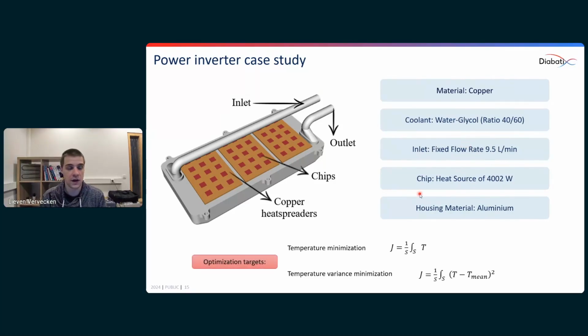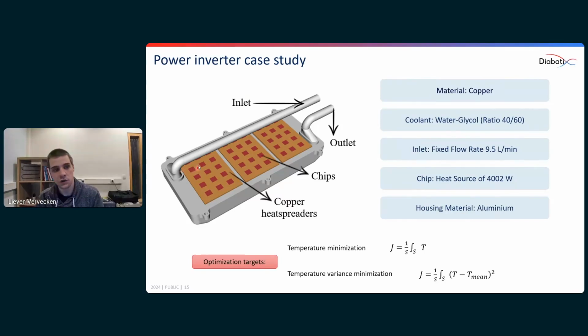And for goals, we'll optimize the temperature. So first of all, we want to minimize the temperature, or equivalently speaking, we want to maximize the heat exchange efficiency. And secondly, we of course also want to maximize thermal uniformity. The coolant enters here in this corner.